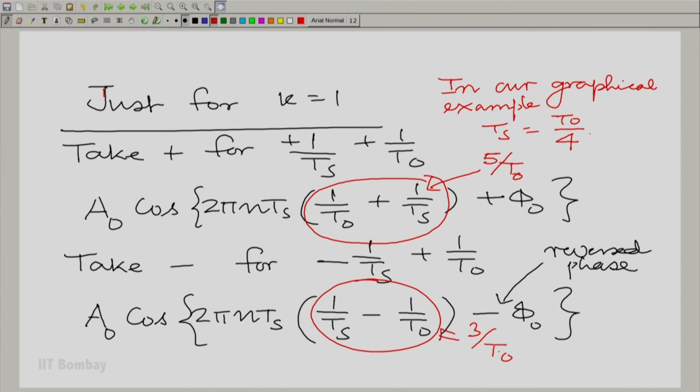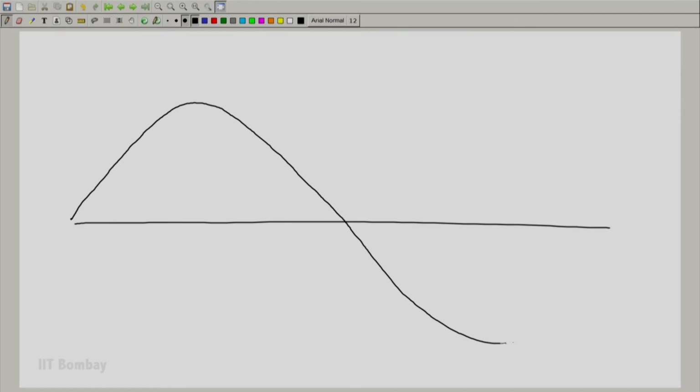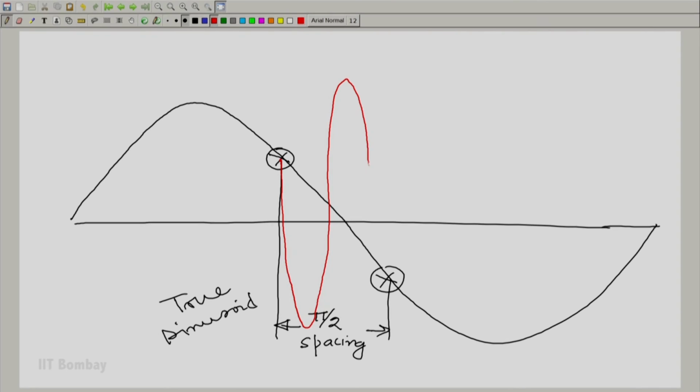And in fact, that will make it very clear if you look at the graphical situation too. So, let us draw it again, just that part. You had a sample here and a sample here, there was a spacing of pi by 2 initially. This is the true sine wave. Now, the false one, losing a whole cycle, is where this went down, went through a whole cycle, but came down again on the correct edge.